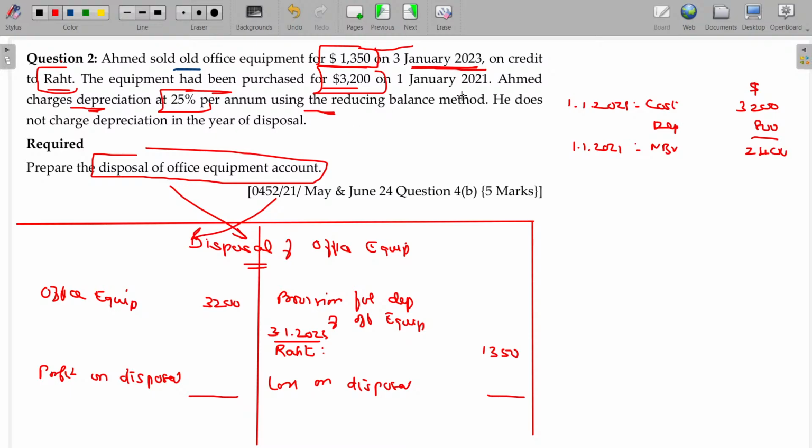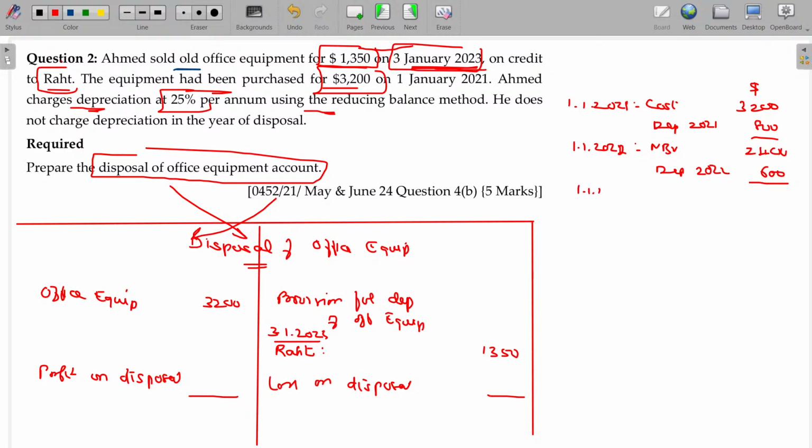Again, this asset was sold on which date? 3rd January. So we have to calculate the depreciation for 2022. Again we calculate the depreciation at the rate of 25% on this, so 2,400 into 25%, 600.